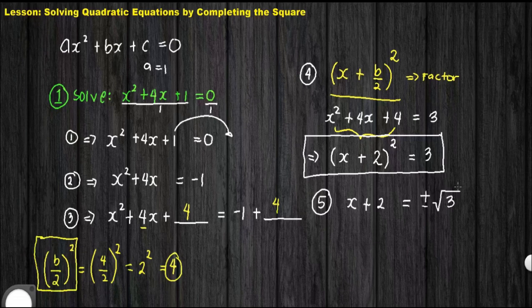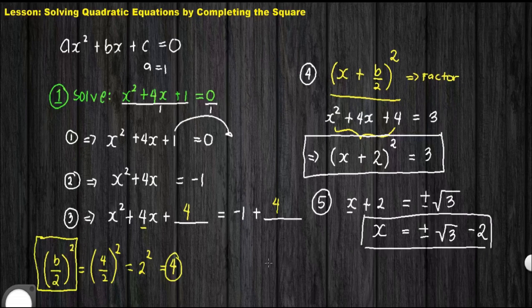Now, ang kailangan kasi nating maiwan lang sa kabila ay yung x value. So, para mangyari yon, I just transpose this positive 2 to the right side para maiwan lang si x. Okay? So, plus or minus square root of 3, 2 to the right side, that is negative 2. Okay? Now we have this solution.